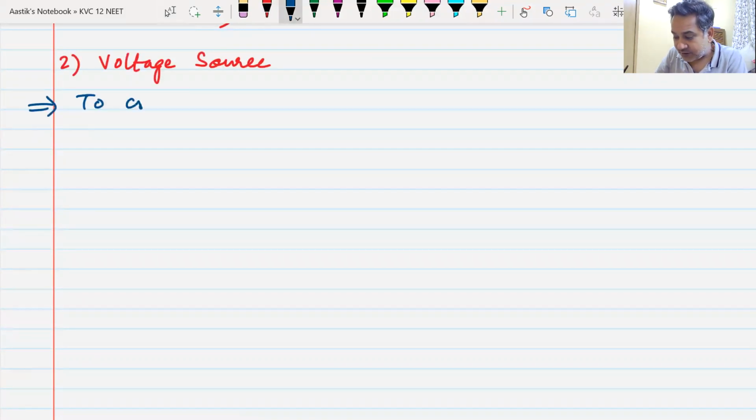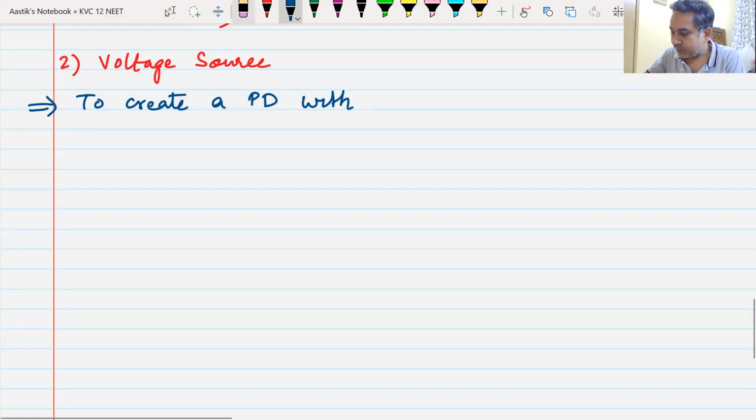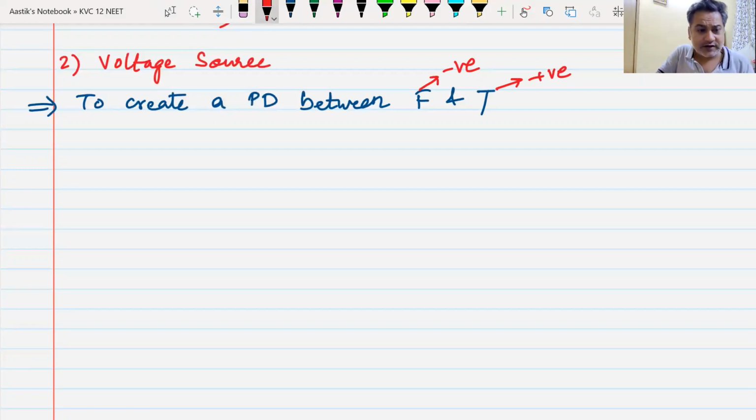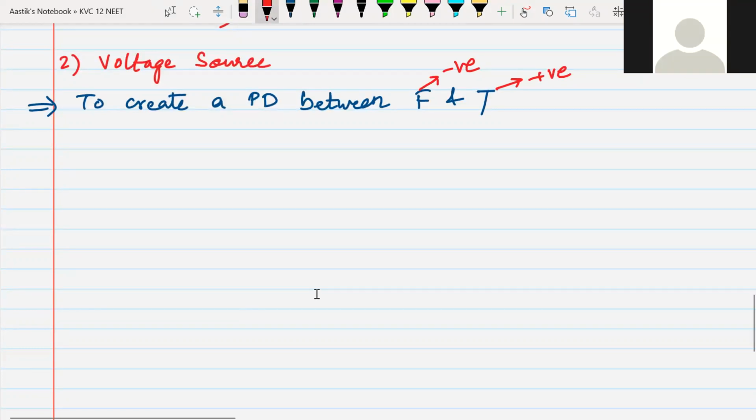It is to create a potential difference between F, the filament, and T, the target. Your filament is negative, or cathode, and your target is positive, or anode. Do we understand this? Yes or no?